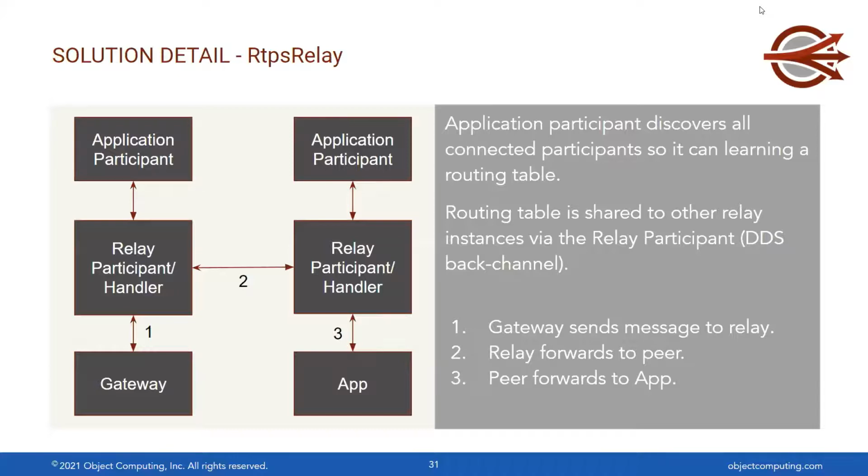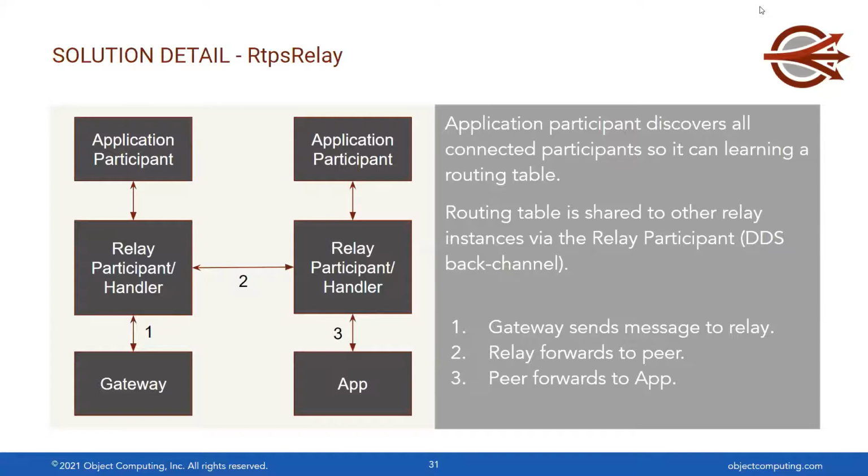So it identifies the gateway, it identifies all of its readers and writers and their partitions, and it then takes those partitions and forms essentially a routing table so that we know where the gateways and the apps are that have the same partition, so that when we receive a message from the gateway or the app, we know how it needs to be forwarded.